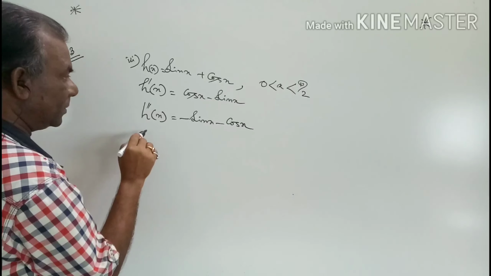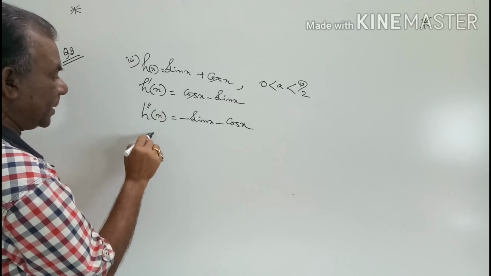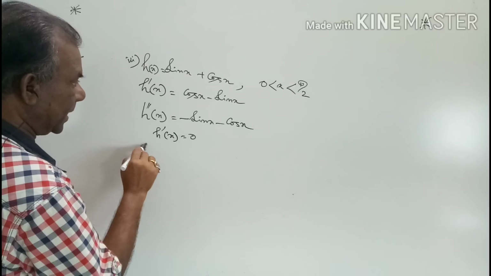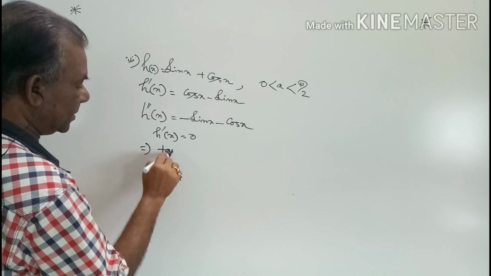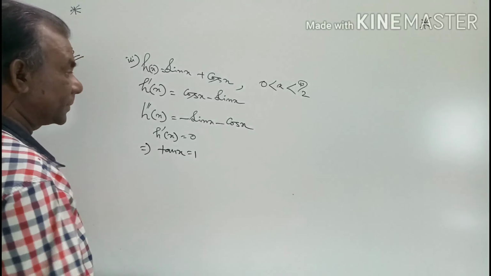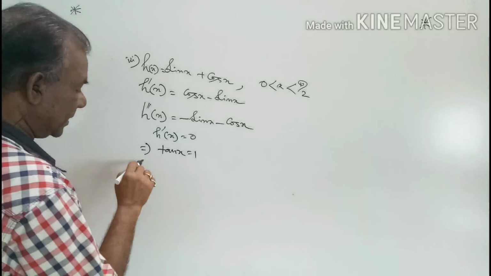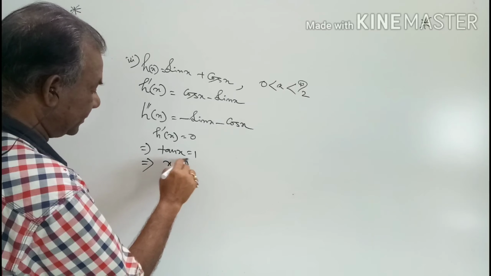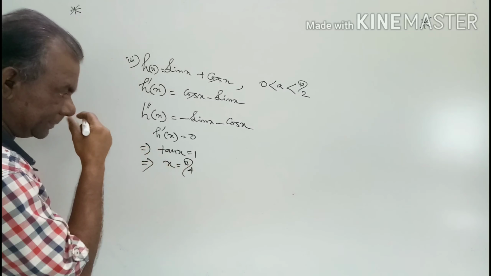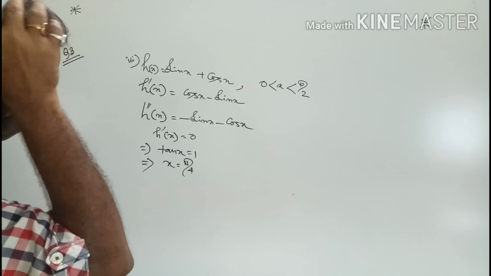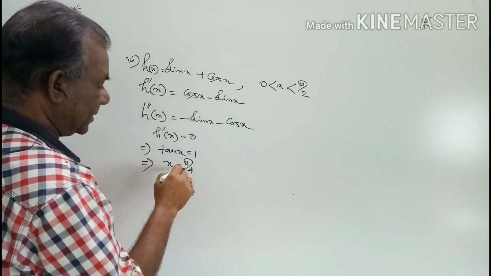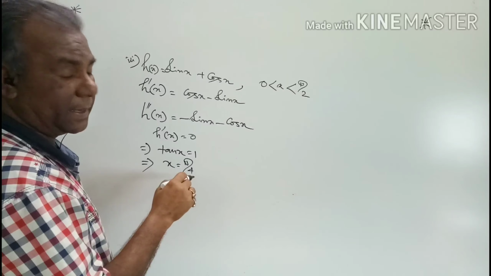For the optimum value, h dash x equal to 0 implies tan x equal to 1, which implies x equal to pi by 4, since x is in the first quadrant.